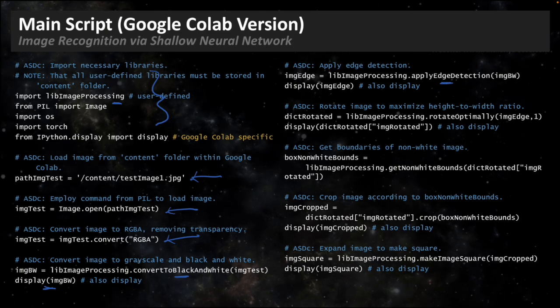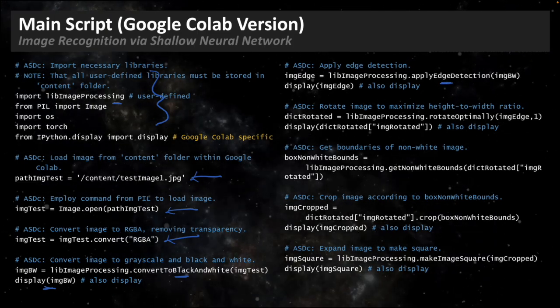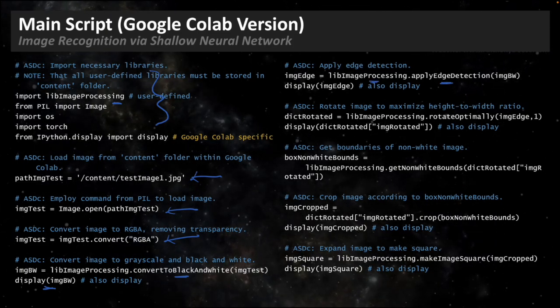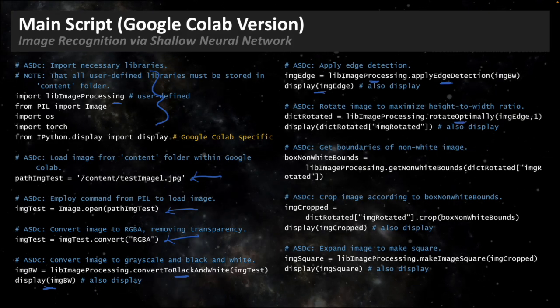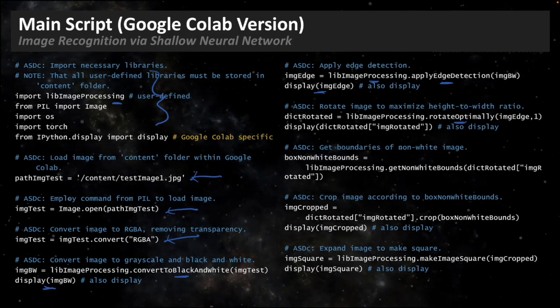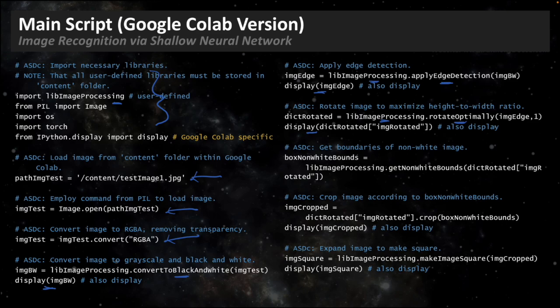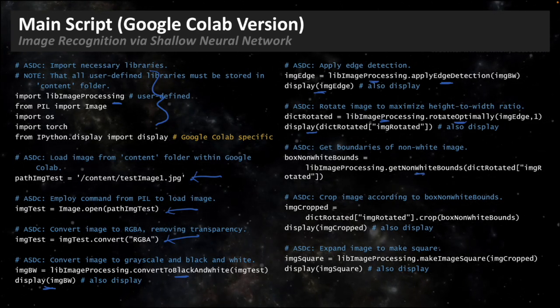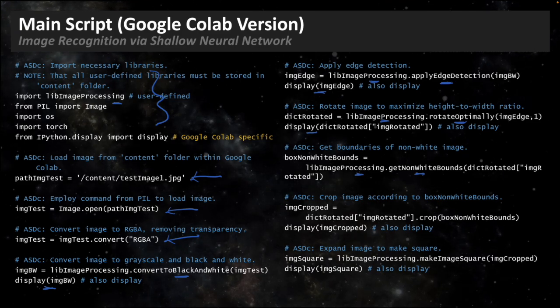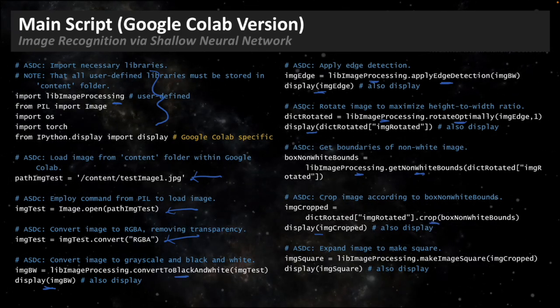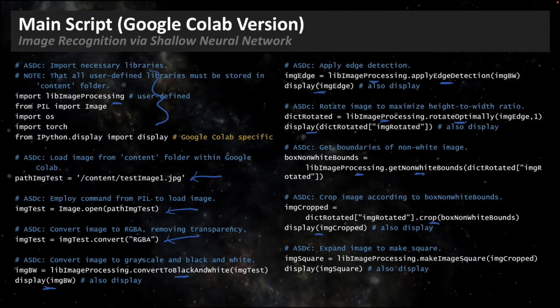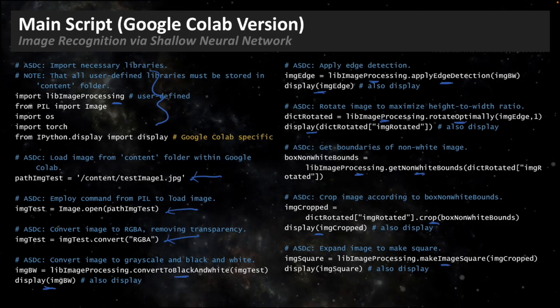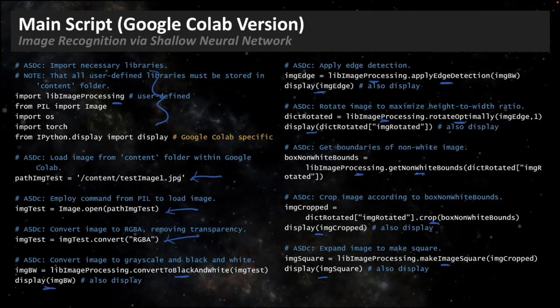We then call the apply edge detection method from the library I created and display the image. We then call the rotate optimally method from my library and we display the image. We then use the get non-white bounds method from my library and we crop it appropriately and display the image. Finally, we use the make image square method from my library and display the image.